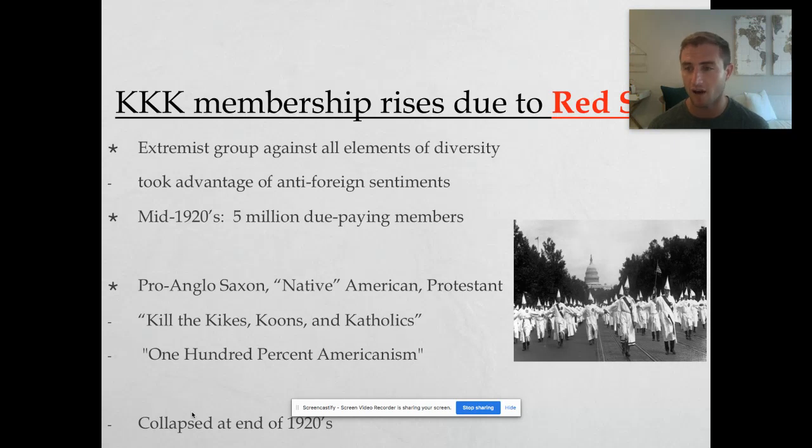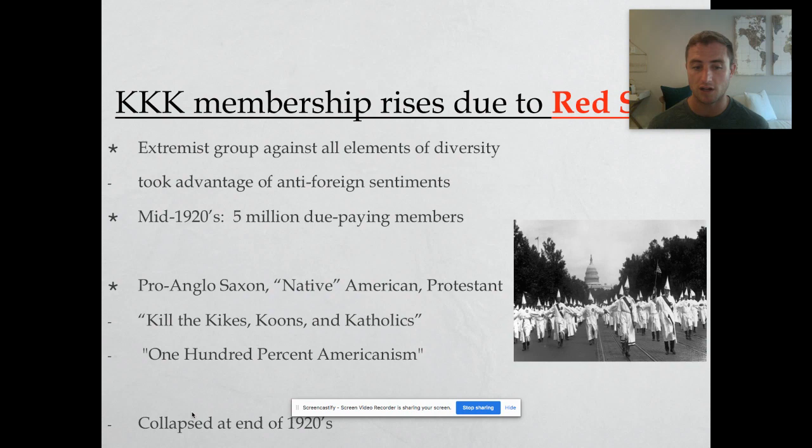The KKK are just about anti-everything that isn't white Protestant. They are anti-Jewish, obviously anti-Black, anti-Catholic, and they certainly rear their ugly heads as a terrorist organization when we have these high levels of immigration coming into the country.